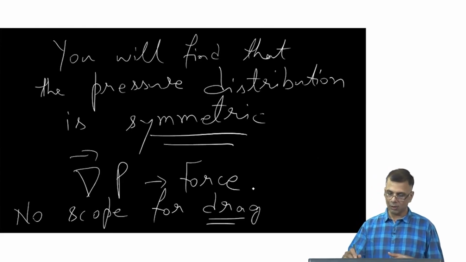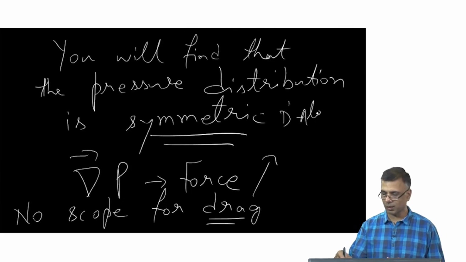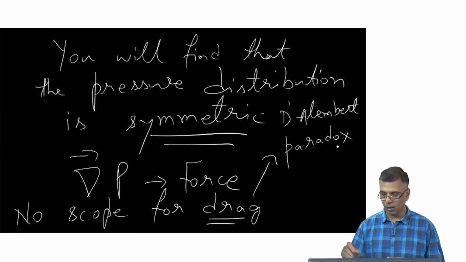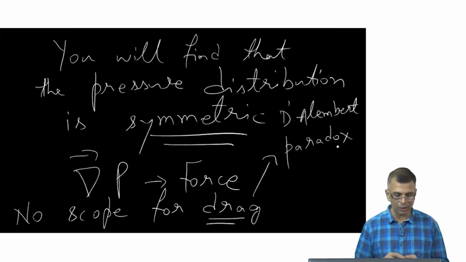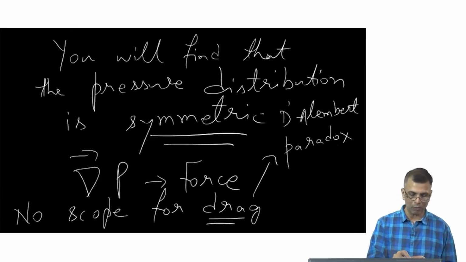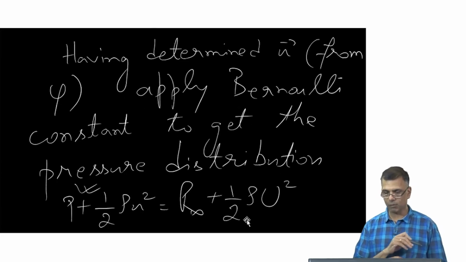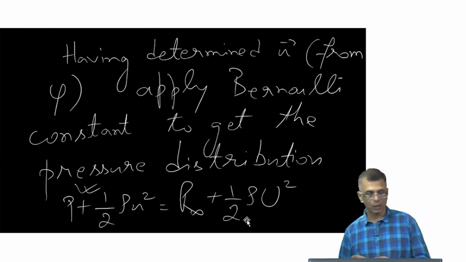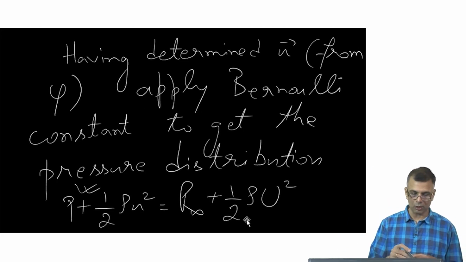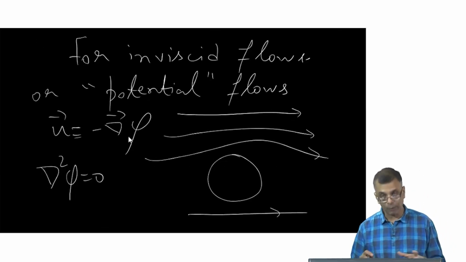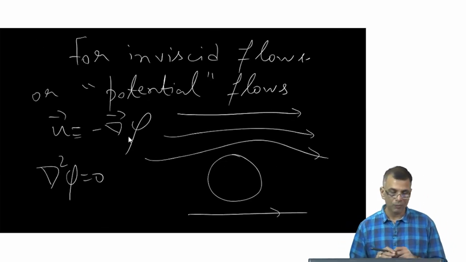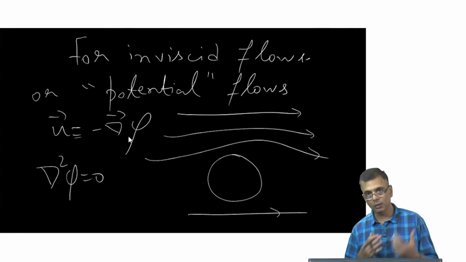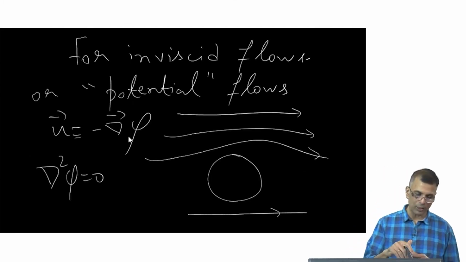So this particular thing was called d'Alembert's paradox. Because the pressure distribution is symmetric, and that's simply a consequence of applying the Bernoulli constant to the solution of Laplace's equation, which is applicable for perfectly inviscid flows, you find that there is no drag on the sphere.